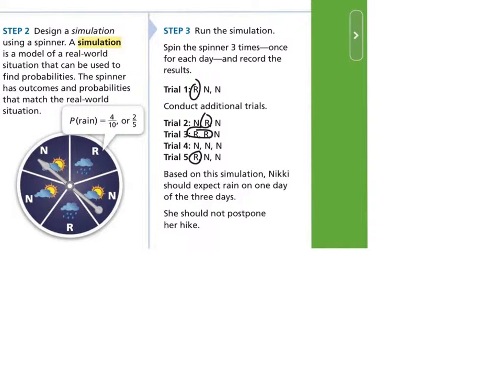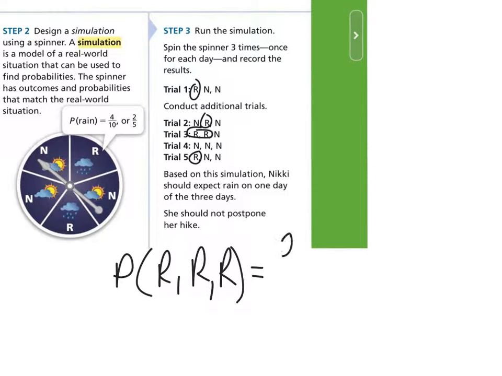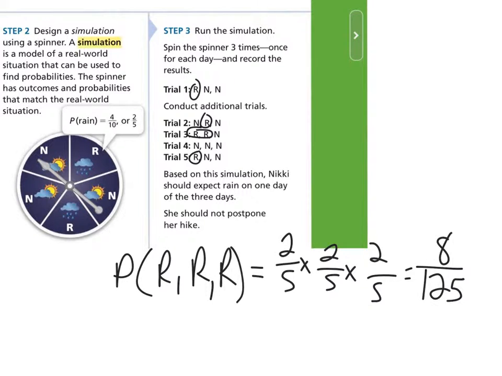One thing we could also do, if she wanted to see what's the chance of it raining all 3 days, similar to what we've looked at before, is we've got a 2/5 chance of it raining each of those days. If we multiply those together, that's 8 out of 125.